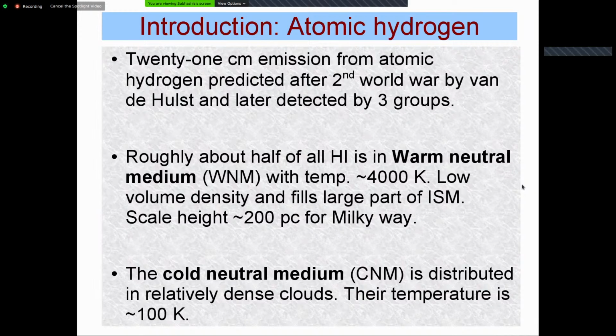So effectively, as you know, the pressure is nkT, where n is the density, k is the Boltzmann constant, and T is the temperature. So if the pressure is constant and T is low, which is for the cold neutral medium, n ought to go up, and similarly n is much lower when T is higher, which is at 4000 Kelvin.